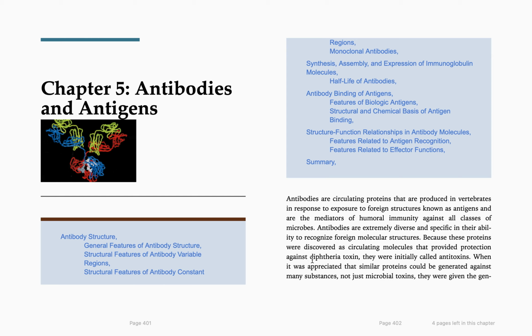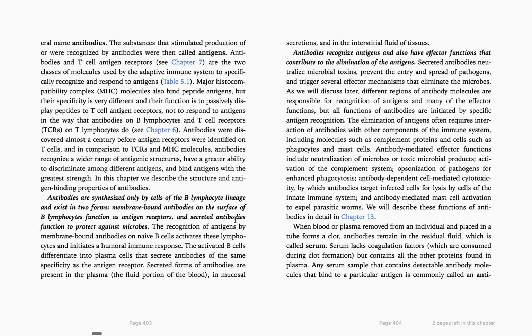Because these proteins were discovered as circulating proteins that provided protection against diphtheria toxin, they were initially called antitoxins. When it was appreciated that similar proteins could be generated against many substances, not just microbial toxins, they were given the general name antibodies. The substances that stimulate production of or were recognized by antibodies were called antigens.